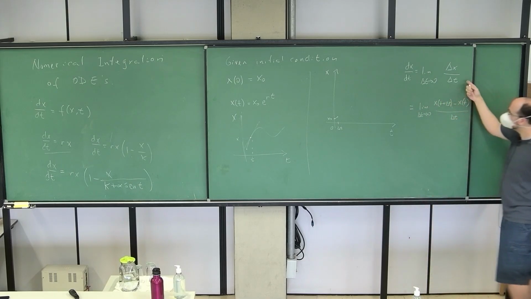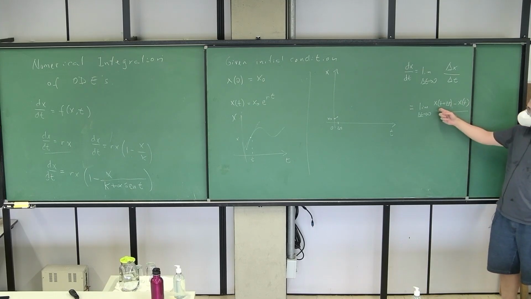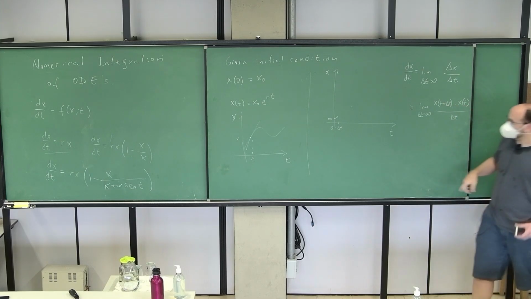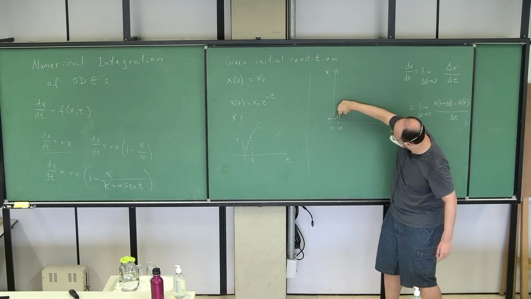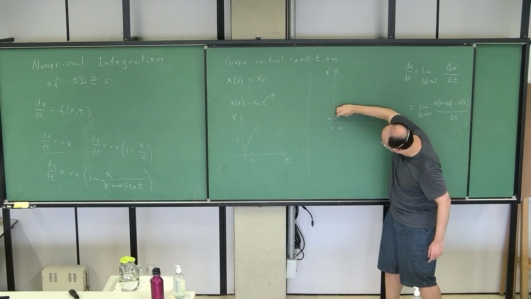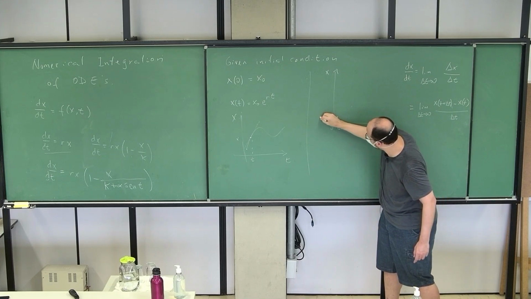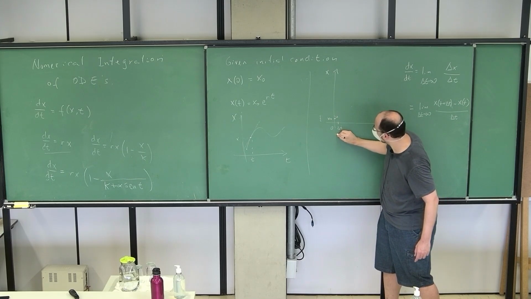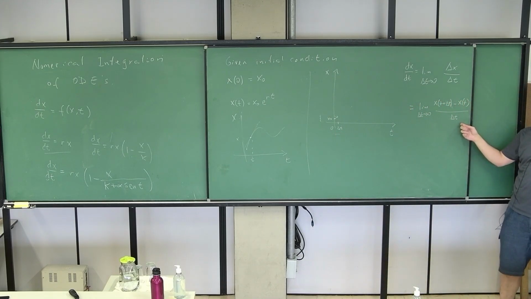So this is the definition of the derivative. It is the difference between x of t plus delta t and x of t, divided by delta t, but only in the limit as delta t goes to 0, right?